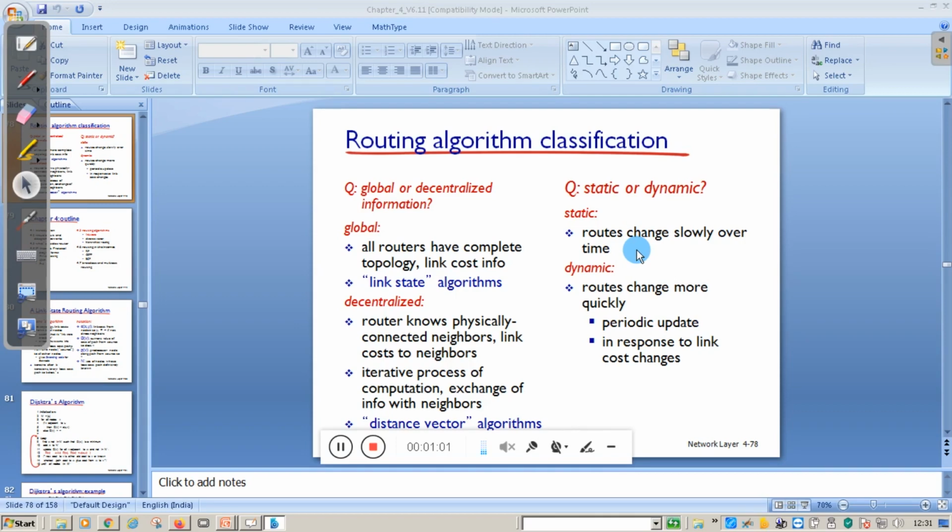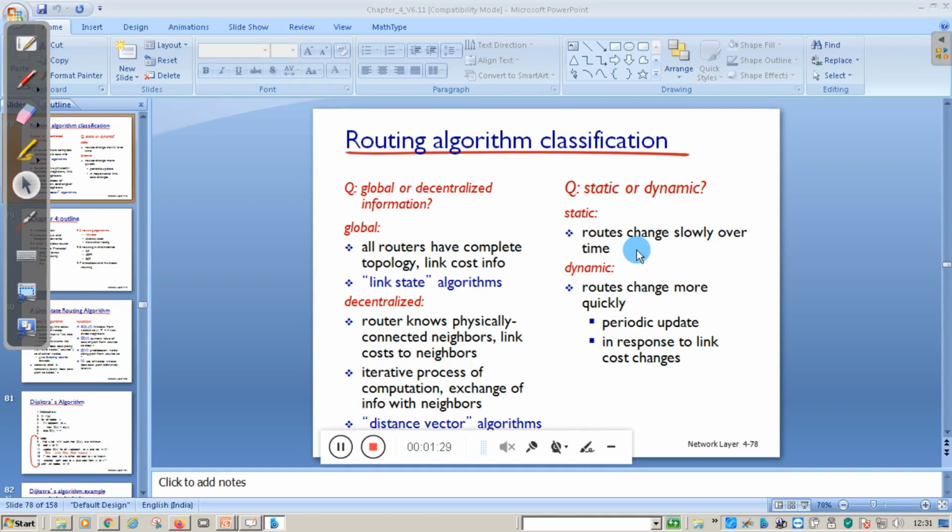A dynamic routing algorithm can run either periodically, or it can be triggered in response to topology or link cost changes. One more thing to remember: dynamic algorithms are more responsive to network changes, but they are also more susceptible to problems such as routing loops, count to infinity problems, or oscillation in the routes.